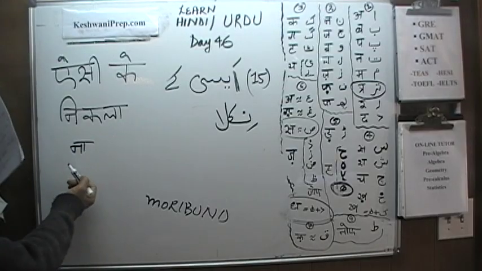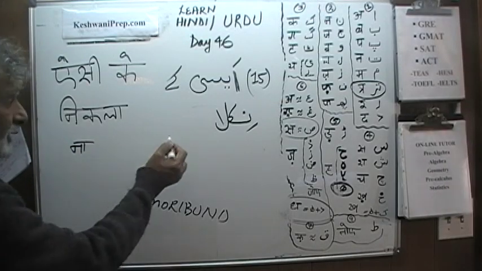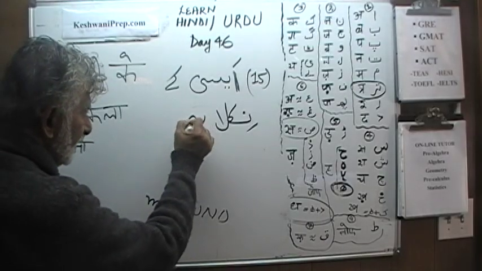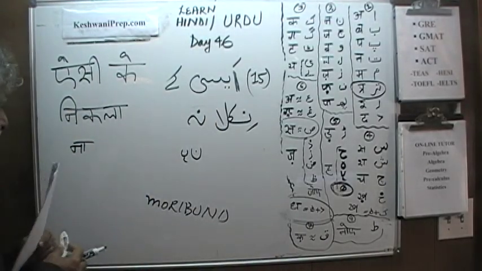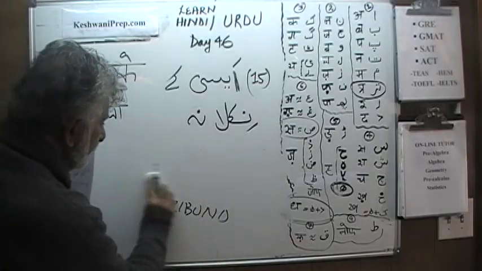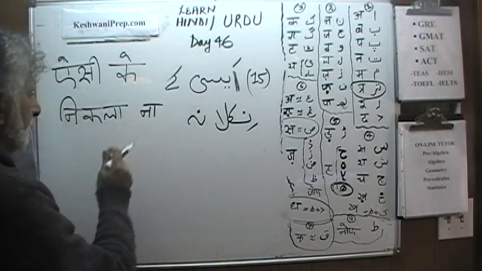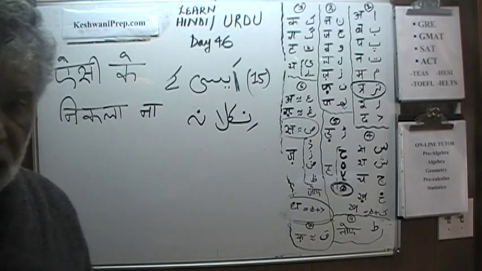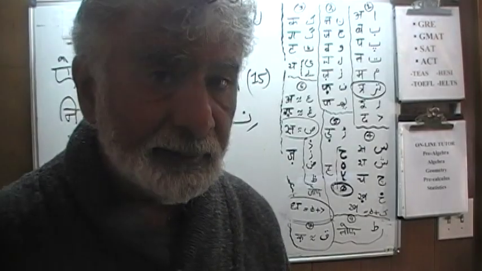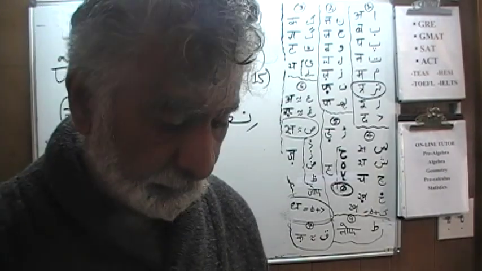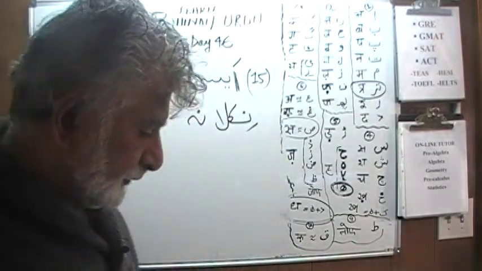Now here's another example, even though it ends in a ki matra, in Urdu we're going to write it with a noon and a ha. Na, like this. Nikla na. The next word that we're going to talk about is a little bit complicated for one and only one simple reason. I'm going to explain to you in a second.